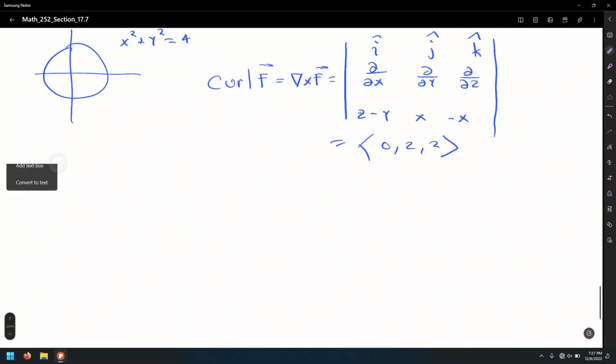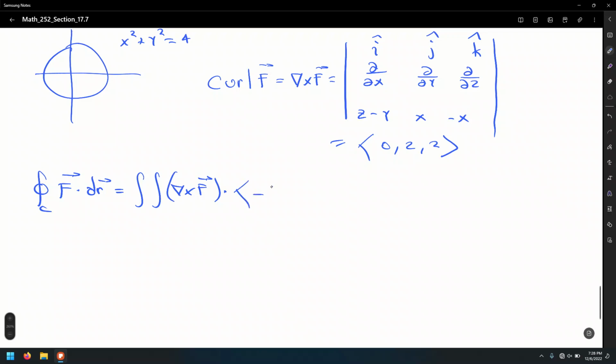And so now that we have everything we need, the line integral over C of f dotted with dr is actually the double integral of the curl, nabla cross f, dotted with negative the partial of z with respect to x, comma negative the partial of z with respect to y, comma 1, dA.